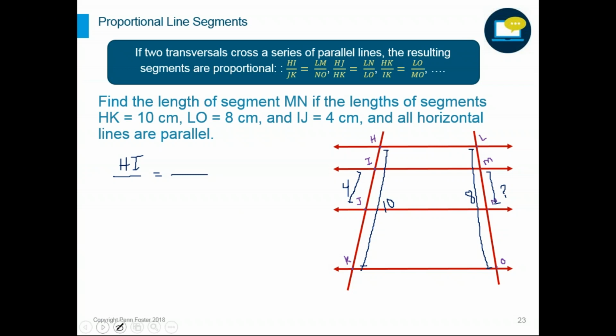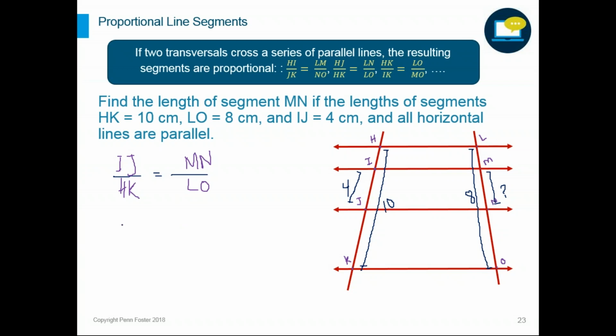So given two segments, we're going to use the IJ, the given IJ, over the same transversal segment here, HK, that should equal MN, and then the longer one that corresponds to this one is LO. So IJ over HK should equal MN over LO.